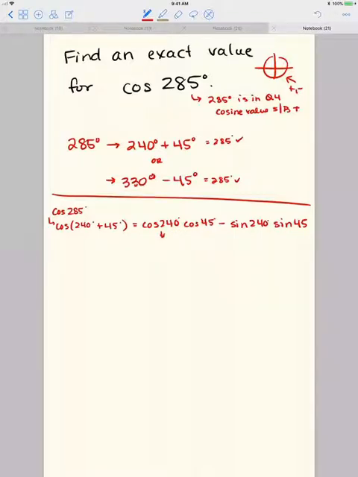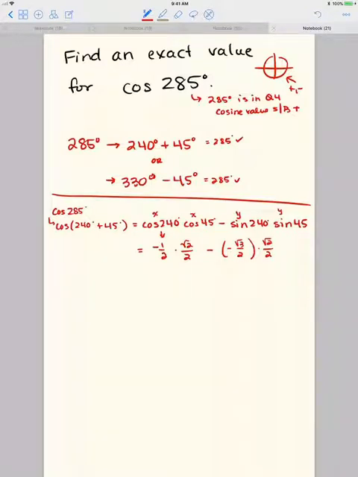So when I do that, cosine of 240 degrees lives in quadrant 3. That's okay. The cosine is the x-coordinate at 240, which is your 4 pi over 3. The cosine value is negative 1/2. The cosine of 45, again x-coordinate, square root of 2 over 2, minus the sine at 240 degrees, which is the y-coordinate of that angle in quadrant 3, negative square root of 3 over 2. And the sine value of 45, again y-coordinate in quadrant 1, is square root of 2 over 2.